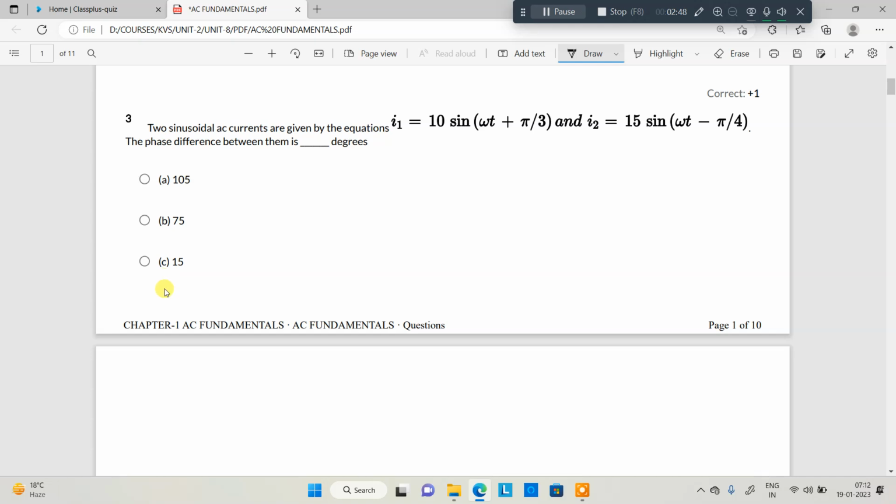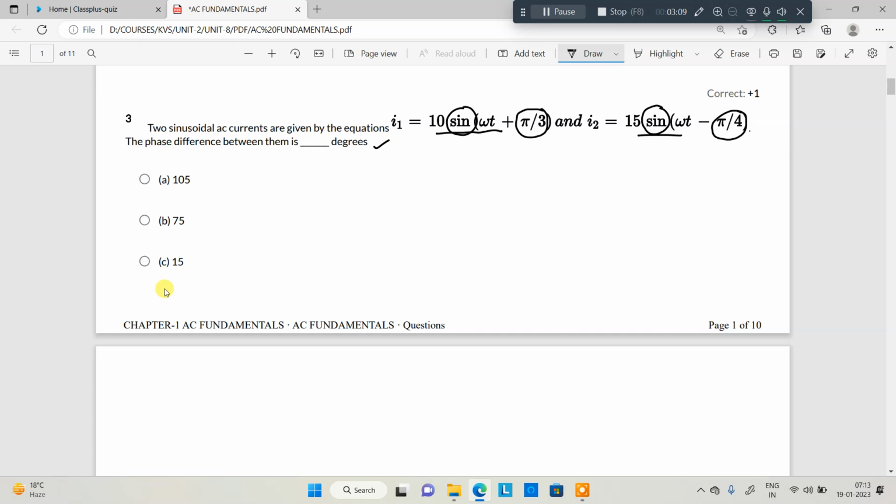Two sinusoidal AC currents are given by the equations. These are the two sinusoidal currents, and they are asking about the phase difference between them. So here it is a sine term, first of all you can see this is a sine term. Okay, no problem. So it is 5 by 3 and 5 by 4.